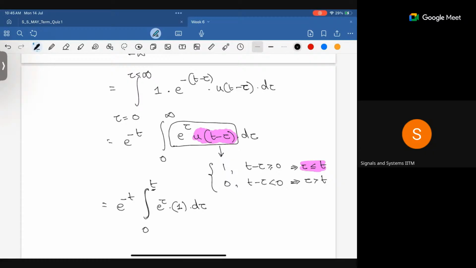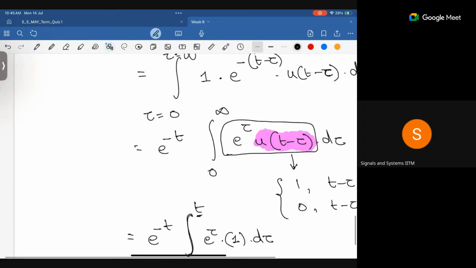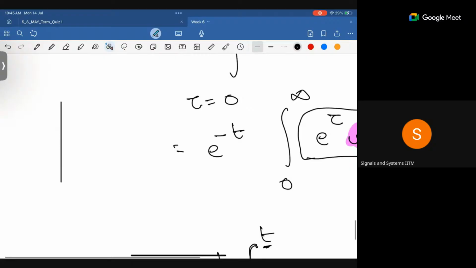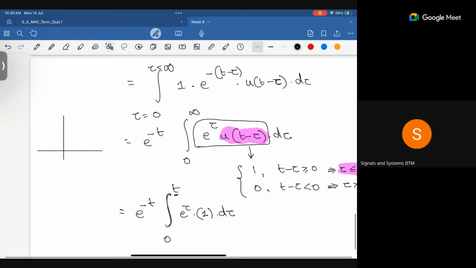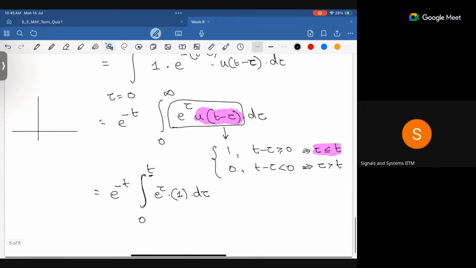We know that is a step function. If I plot u of tau, it is like this.